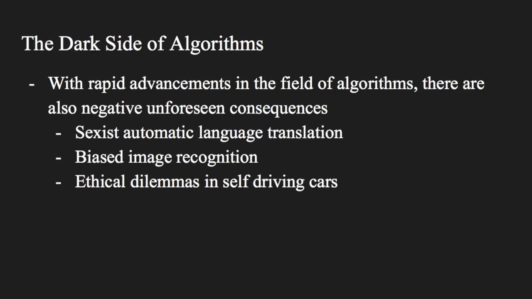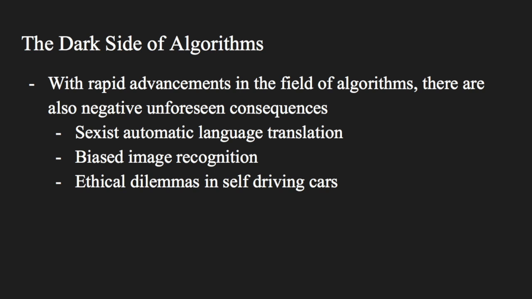But getting into the dark side of algorithms, with the rapid advancements in the field of algorithms, there have been some negative unforeseen consequences, such as sexist automatic language translation. So that's where we have gender-neutral languages that will automatically be translated into he or she based on the context of what's being done in that language, such as cooking being associated with women and doctors being associated with men.